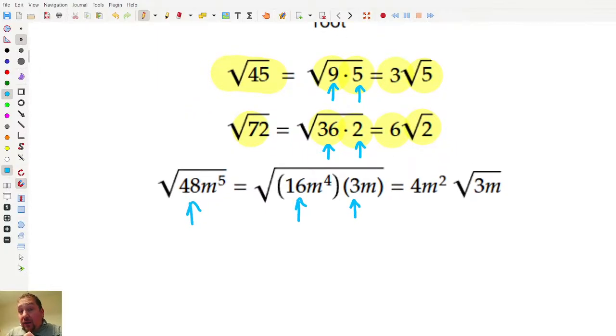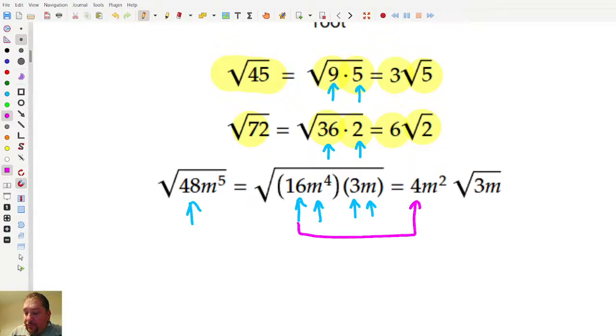Now, because we have m to the 5th, I'm really looking for groups of 2. If I have 5 factors of m that I just laid out, I have really m to the fourth and then a leftover m. And where this is all leading, the 16 has a square root of 4, and m to the fourth has a square root of m squared, since m squared times m squared makes m to the fourth.